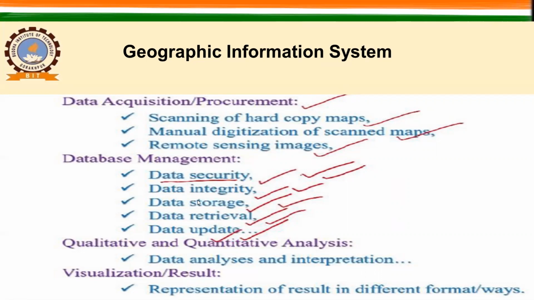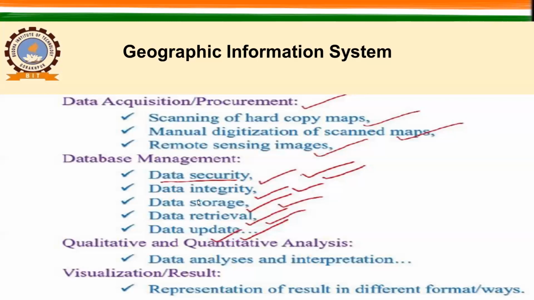So depending upon the size of the data, the quality of the data, and what kind of data you are going to assess, there are many individuals, organizations or groups involved in this.